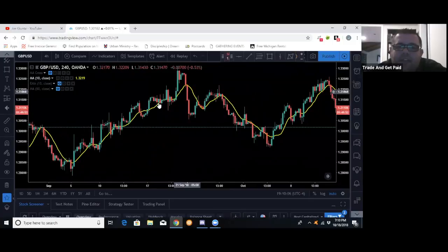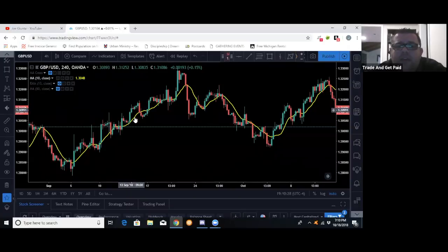Your moving average is not only going to act as the average of the last 10 candles, 50 candles, 100 candles, whatever it is, but because price generally repeats itself, and these important key levels in the market repeat themselves over and over again, you're going to see price test those same levels all the time.